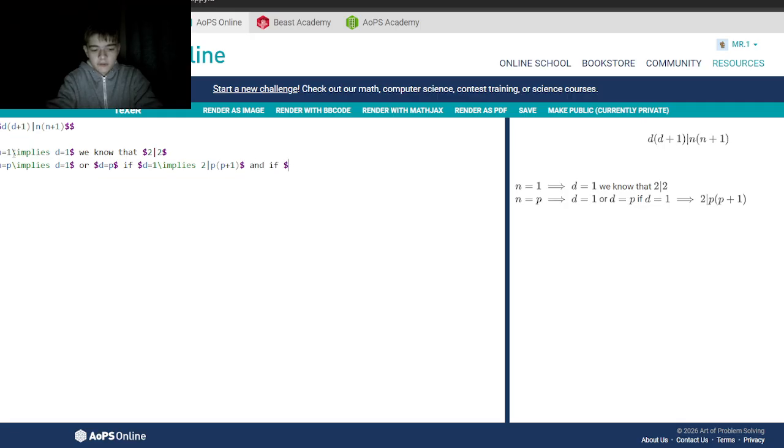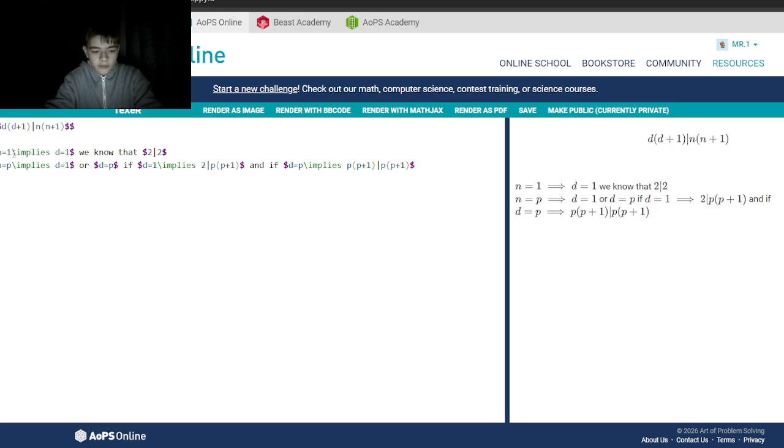And if d is equal to p, then this just implies that p times p plus 1 divides p times p plus 1, and this is of course true. So we see that n is good if n is a prime number, so every prime number is good.